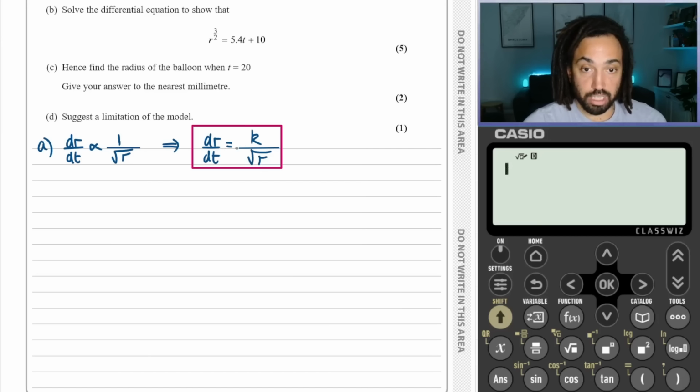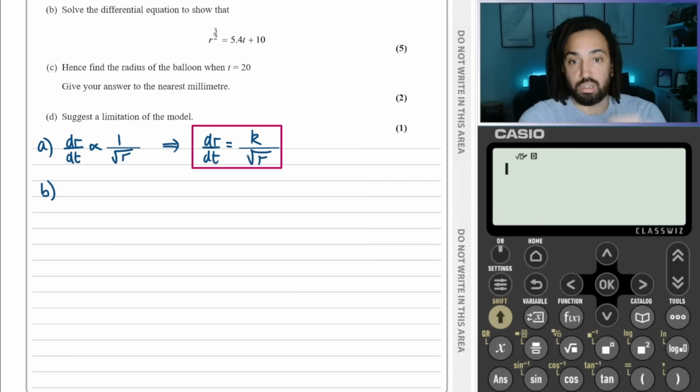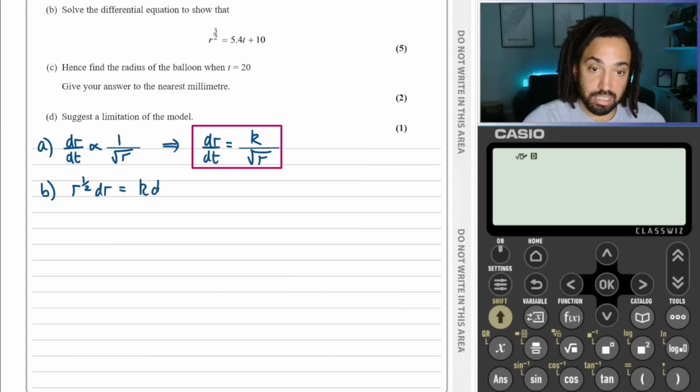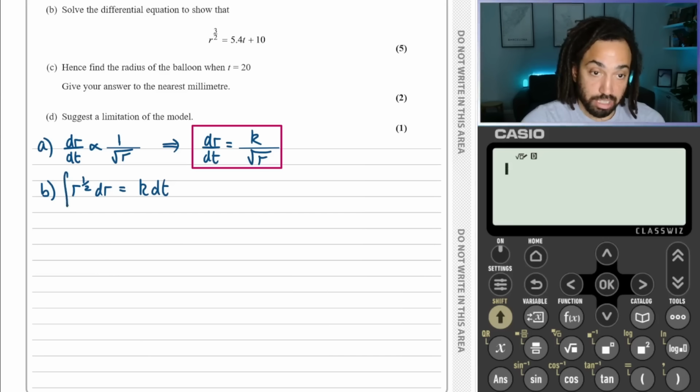Okay, so we're going to do the good old separation of variables here. We're just going to cross multiply, so we're going to have a root r, which is the same as r to the half, dr is equal to k dt. And once we've done that, we integrate both sides.